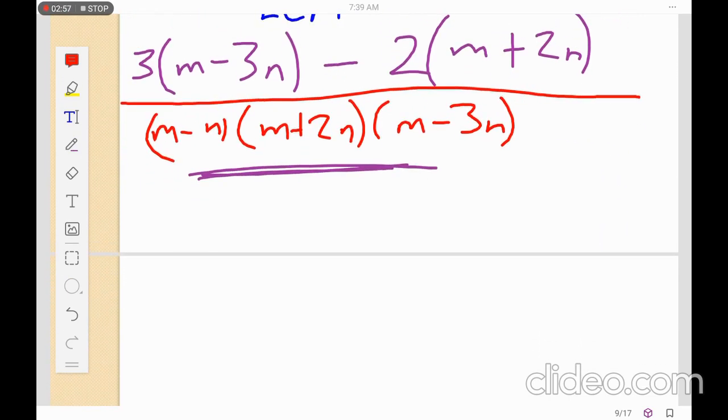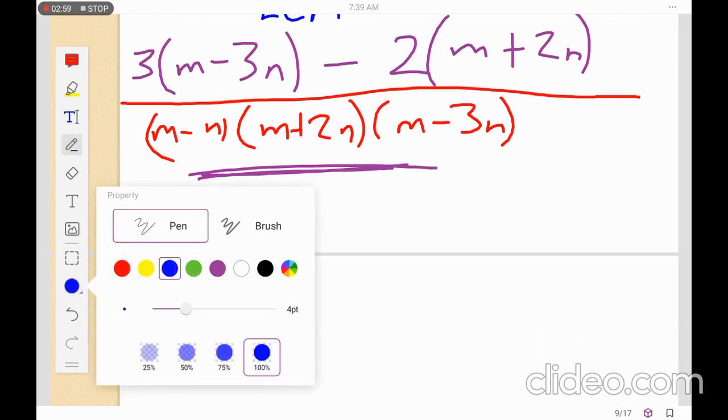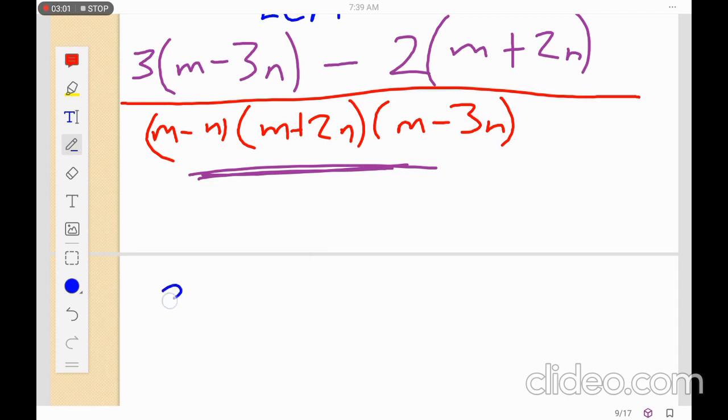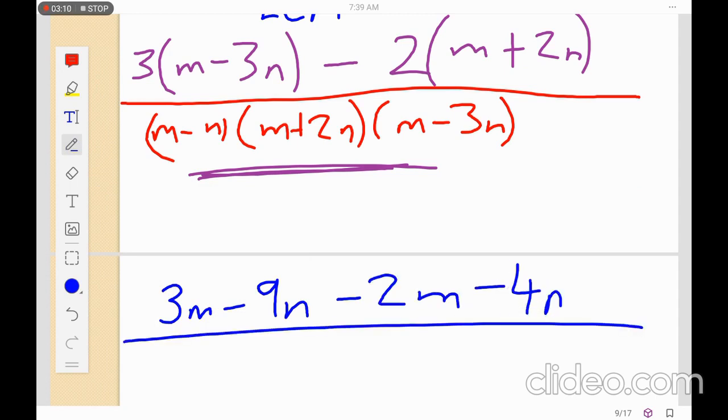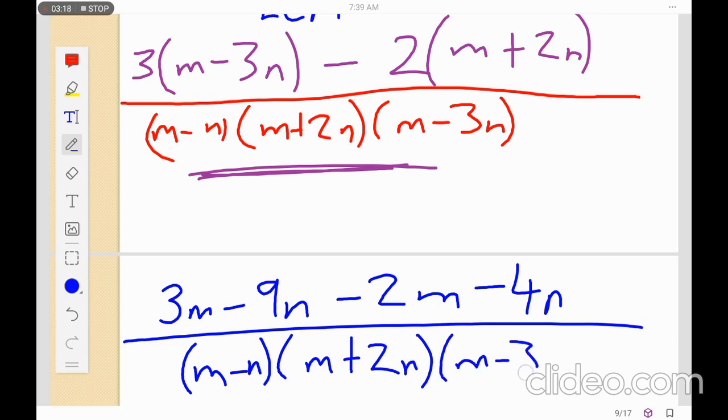Now let's simplify what we now have. Simplifying that item, we now have 3 into that. I've got 3m minus 9n minus 2m minus 4n. Then the denominator m minus n, m plus 2n, m minus 3n.